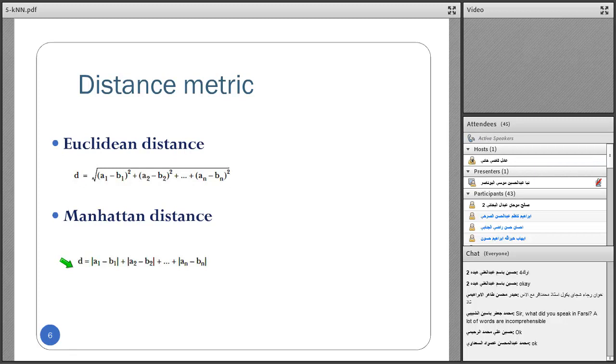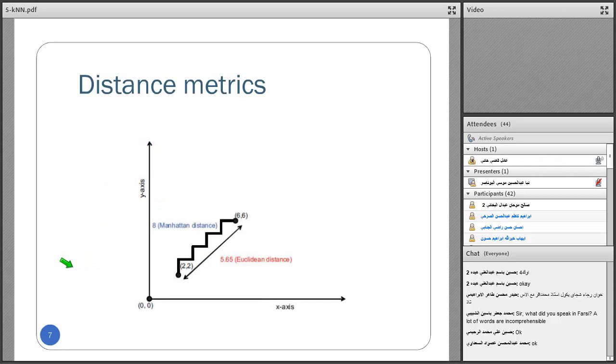Vector 1 is A1, A2, AN. Vector 2, B1, B2, BN. Okay. So we could find the distance between two vectors using this formula. And here you see the difference between Euclidean and Manhattan.